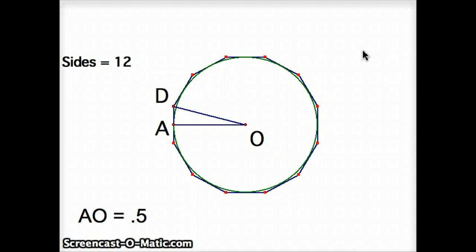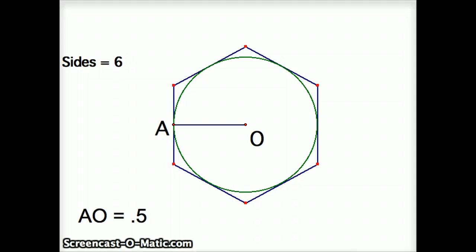AD is going to be half of one side of the 12-gon. Well, take a look over here. If I go back to the hexagon, here was AOC, and we worked out the size of AC to be about 0.2886.